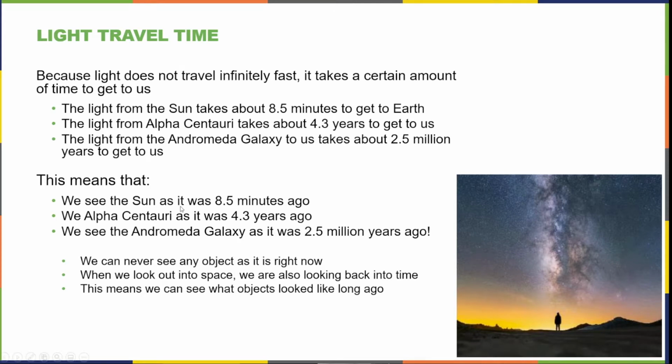It makes more sense if you look at farther objects. Alpha Centauri, the nearest star that we see, its light has traveled for 4.3 years. So tonight, if you go out and see Alpha Centauri, the light you see is 4.3 years old. We don't know what happened in the last 4 years.